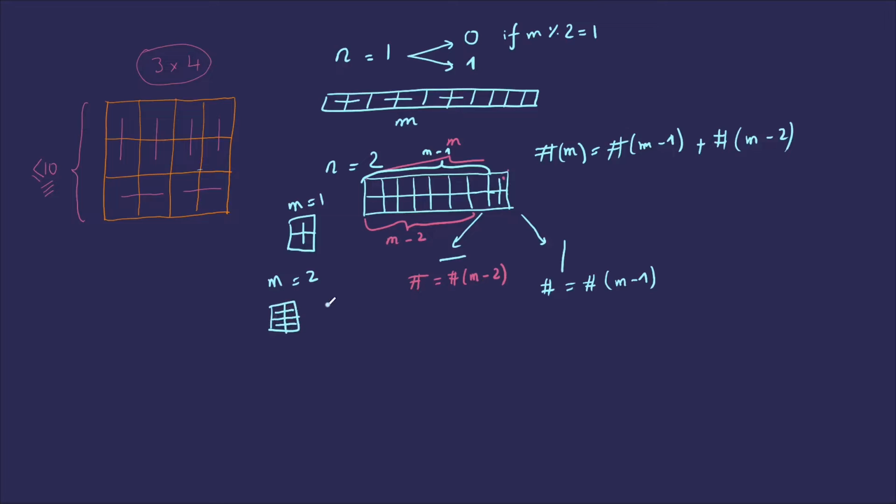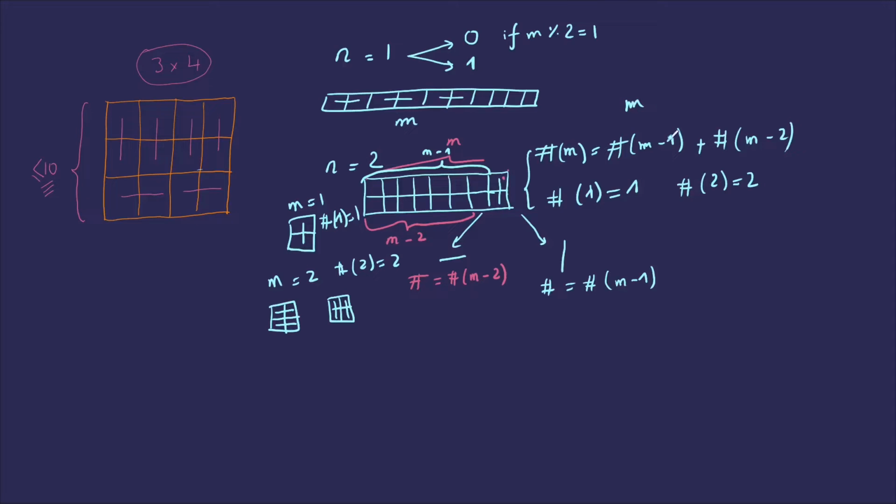We can either put two horizontal tiles or two vertical tiles. So the number of ways for 2 is equal to 2 and the number of ways for 1 is equal to 1. This formula, combined with the initial conditions we just mentioned, the number of ways for 1 equal to 1 and the number of ways for 2 equal to 2, can allow us to solve this problem for very large m.